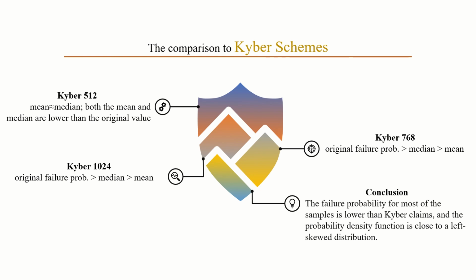For Kyber 768 and Kyber 1024, the original expected value is the largest, followed by the median, and the mean is the smallest value. This means that the failure probability for most of the samples is lower than Kyber claims, and the probability density function is close to a left-skewed distribution.